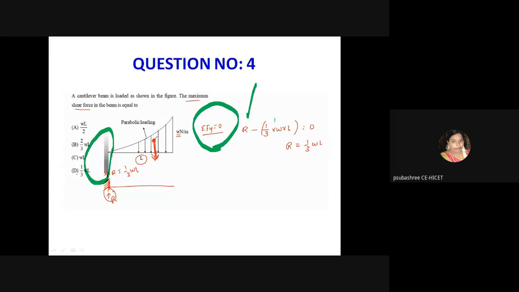The load is W. What is the area of the parabola? 1 by 3 into AB, so 1 by 3 into L. So R minus 1 by 3 WL is equal to 0. So R is equal to 1 by 3 into WL. It is the reaction, so the answer is option D. The maximum shear force is developed in the support. Is it clear? So capital R is equal to 1 by 3 into W into L.